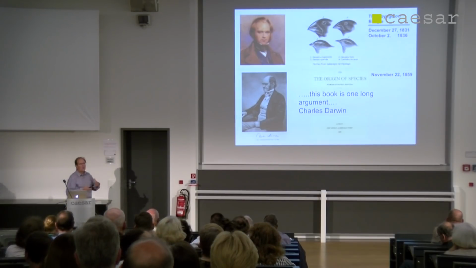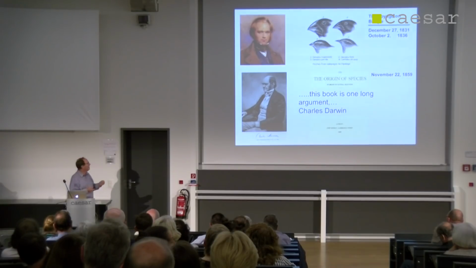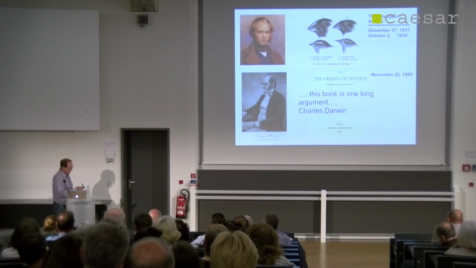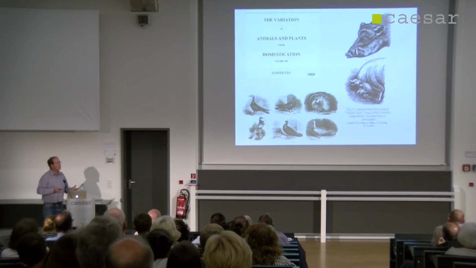He formed this scientific theory of how it could evolve by natural selection. And he wanted a very, very strong argument. And he used domestic animals as a proof of principle.